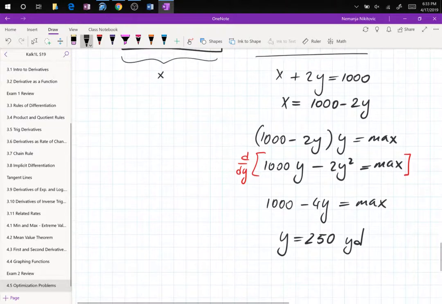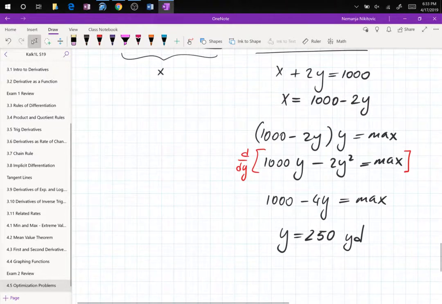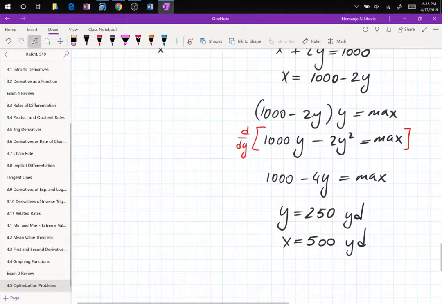In this case, if y is 250, x is going to be 500 yards, and the dimensions are 500 by 250 yards for the max area.